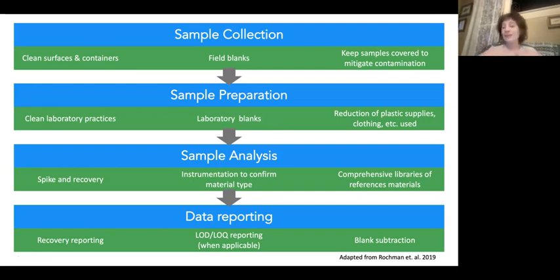It's a really important step, and again, it's hard now to get your data published unless you have a portion of those data analytically confirmed. And then for data reporting, I would say LOD and LOQ are not standard protocol yet, but they may be in the future. But just be honest about the plastics that were in your blanks. Report what your background contamination was.